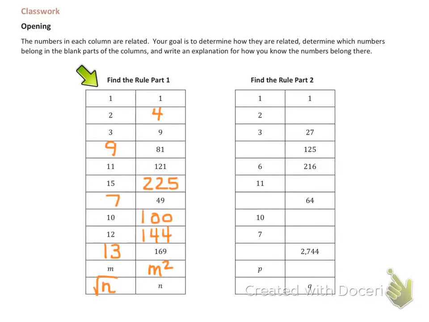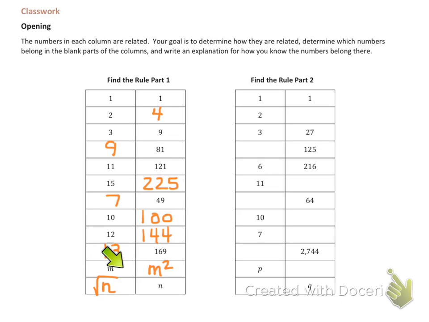But if I already knew the number in the second column, another way to state the rule would be to say, to find the numbers in the first column, I took the square root of the number in the second column. So the square root of 81 is 9, and the square root of 169 is 13, and so on, okay?